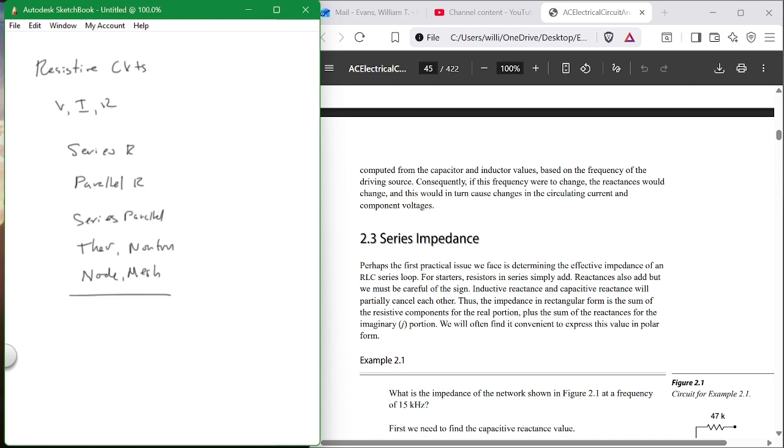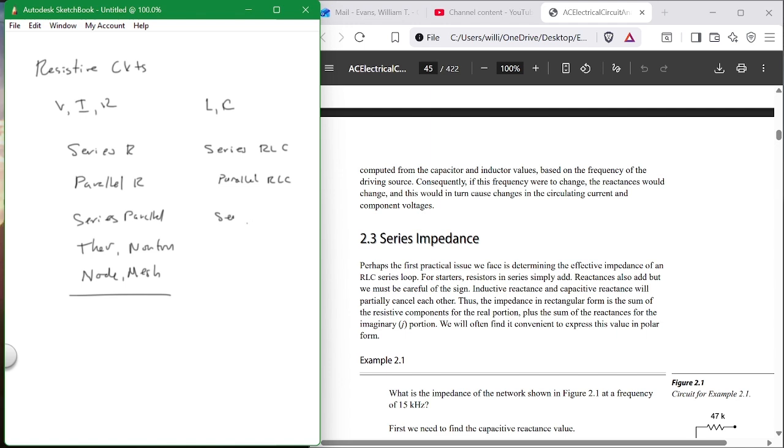Okay? Now, what do you think this book is organized as? Here's your inductor and, excuse me, your capacitor. Series RLC circuits, parallel RLC circuits, series.